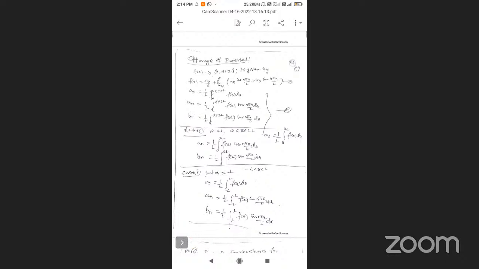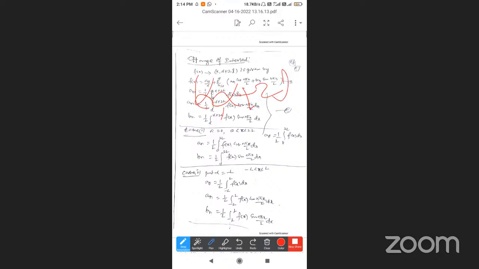In page number 80, in change of interval, the f of x interval, equation number 7, the interval is alpha comma alpha plus 2L. L is the length of interval.